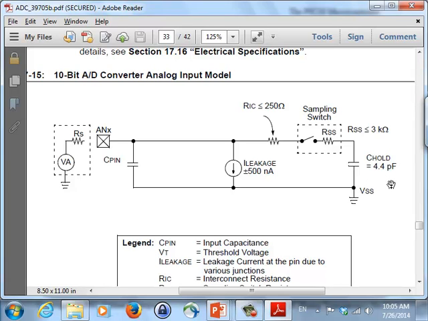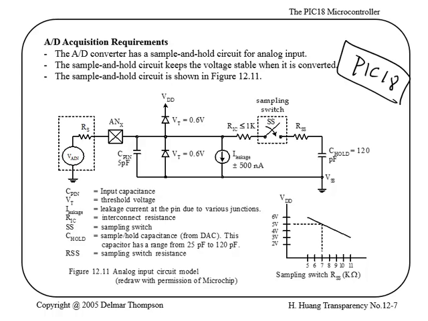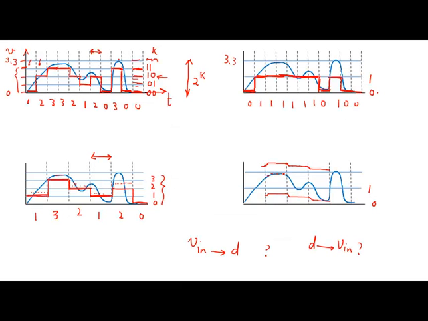Right? And you know that it takes forever. It takes infinite amount of time for this C hold to charge up to the maximum voltage that you have, or whatever voltages that you have here. So if it's a 1 volt, let me go and scribble things maybe on this one.